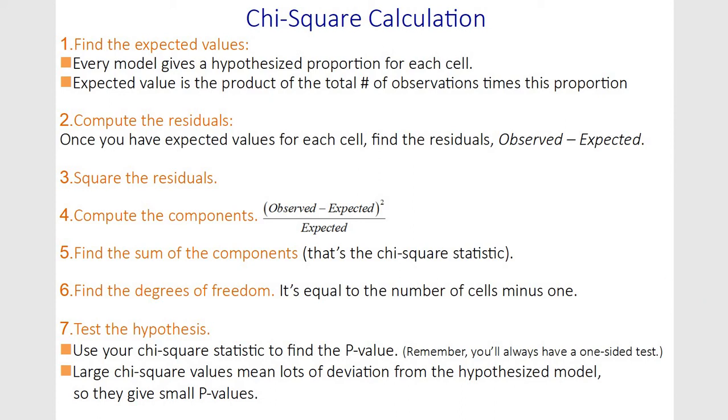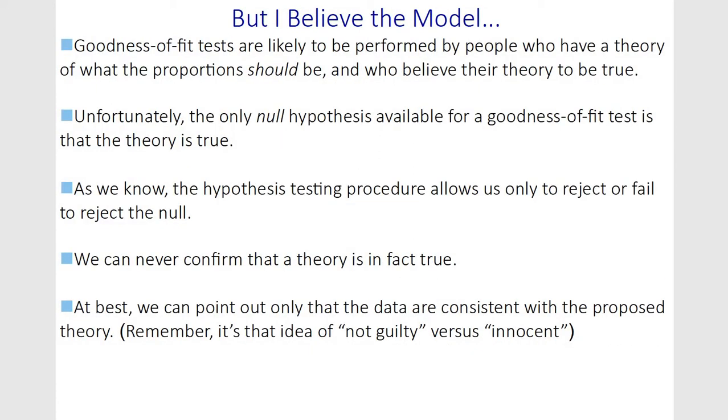So what does the model tell us? Usually, a goodness of fit test is likely to be performed by people who have a theory of what the proportion should be and who believe their theory to be true. But with the goodness of fit, you can only use the null hypothesis.